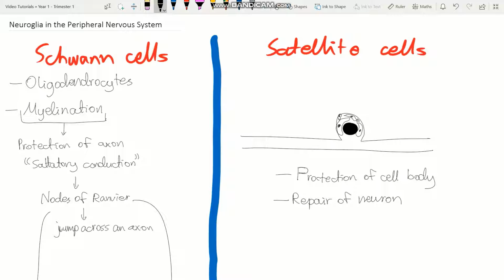And lastly, and one of the most important aspects of this neuroglial cell, in which it is analogous in its function to astrocytes in the central nervous system, satellite cells allow for the diffusion of nutrients into the neuronal cell body.